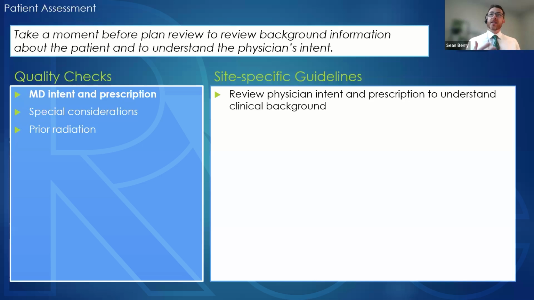If it's in the brain, same thing, different parts of the brain. You want to then read the physician's prescription. And I think a theme throughout my talk today about plan quality review is that through each step of the process, you need to stop and think to yourself, is what I'm seeing here reasonable? Is it typical?